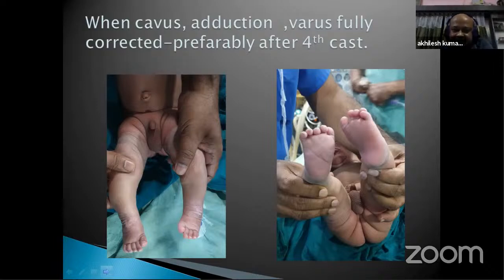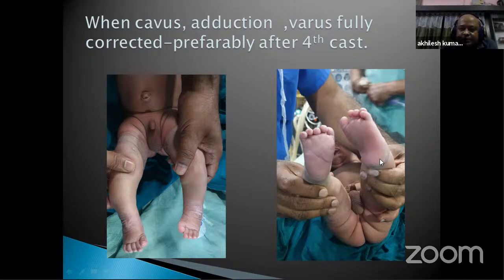It can be done after the third cast also, but I usually do it at the fourth cast. This is the baby in whom the fourth cast has been done, and now he is on the operating table for the tenotomy. You can see in this foot some heel varus is not corrected, otherwise this foot is ready for the tenotomy.